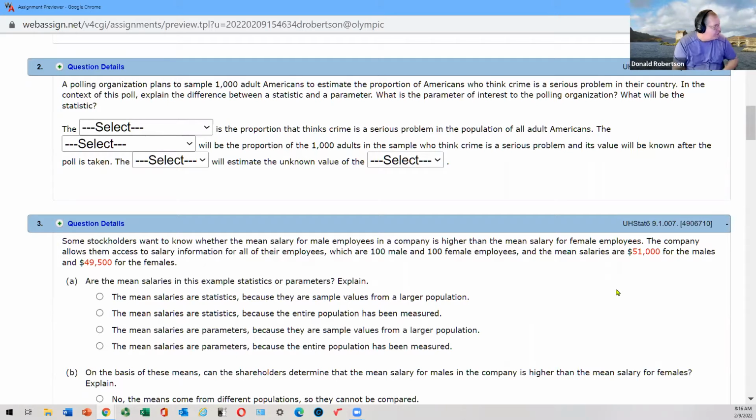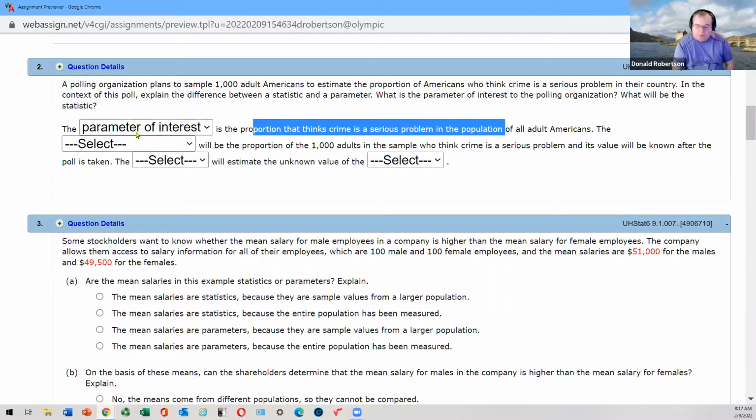Well, the parameter then is the proportion who think that crime is a serious problem in the population. You see, at the end of the sentence, you realize that they're talking about a parameter, don't you? Very often you have a question that you want answered.